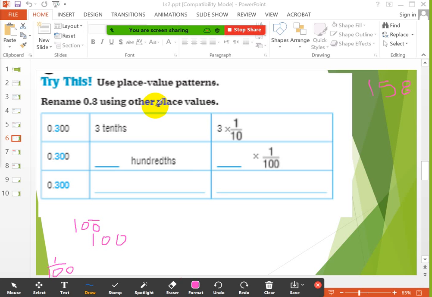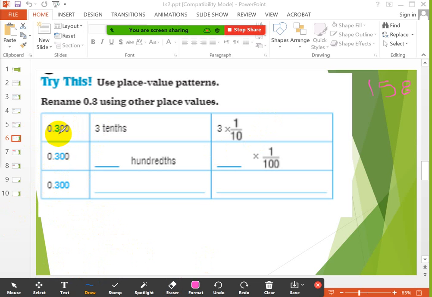Here I will use a place value to rename the number according to the word form, or how I will read the number according to the place value, and I will write the number in expanded form. Look, I can read this number in 3 ways, and I want you to focus with me here, please. Look, the same number I can read in 3 ways.